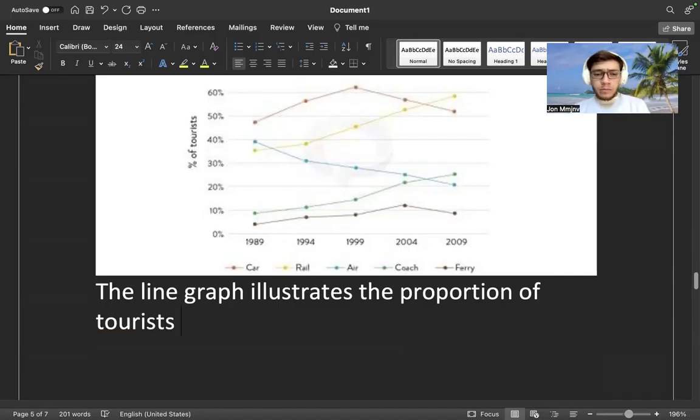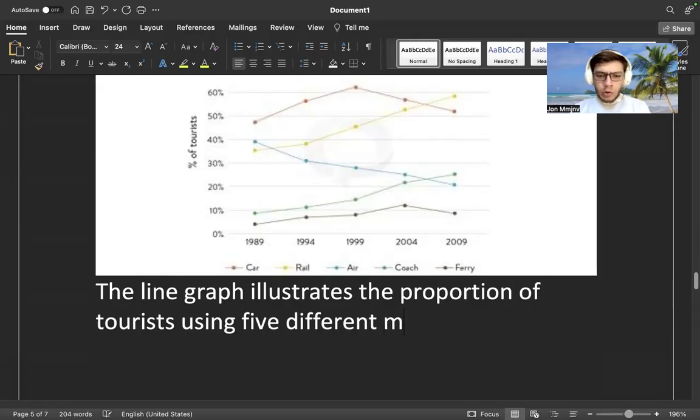Let's use the noun phrase or participle clause, that grammar, okay? Using how many do we have? Like 1, 2, 3, 4, 5. 5 different modes of transport.